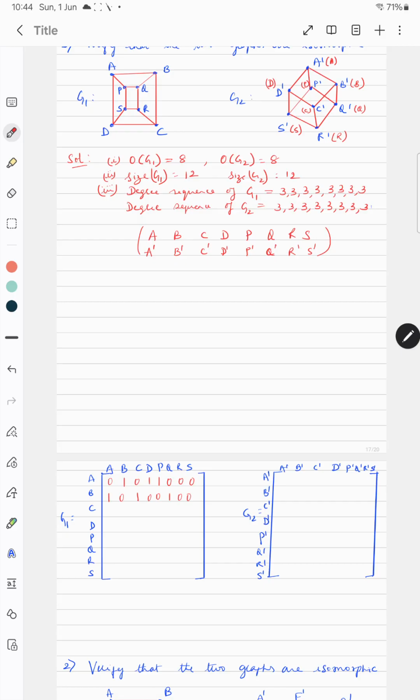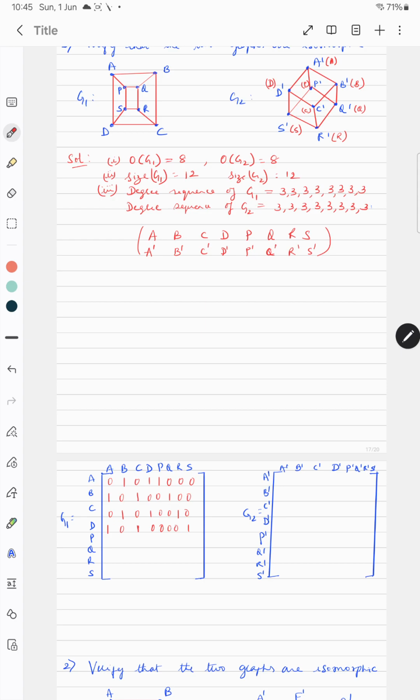Then C is adjacent to B, D and R. So CB, CD, CR take the value 1, remaining all 0. Similarly, D is adjacent to C, A and S. So DA is 1, DC is 1, and DS is 1, remaining all zeros.